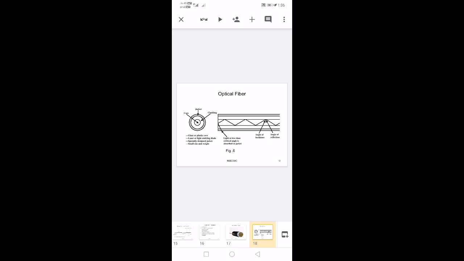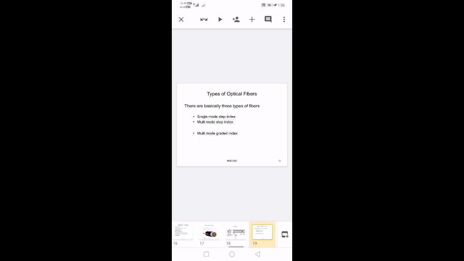When theta is greater than theta c, light will stay within the core only; it will not go out of the core and cladding interface. So we call it TIR, total internal reflection.